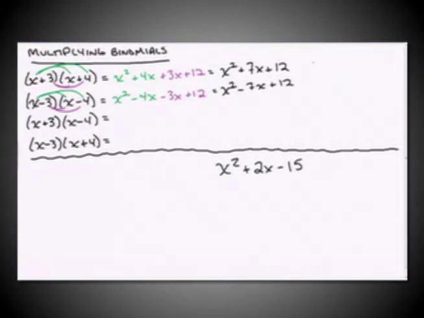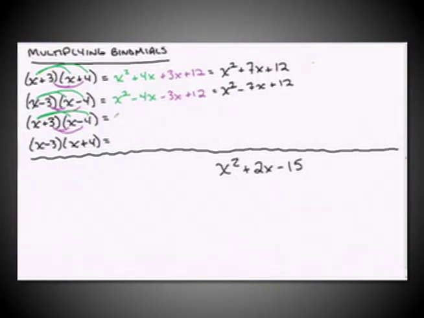So we're just looking at these same binomials just with different signs to hopefully help you understand the pattern that we're going to be using when we factor our example below.